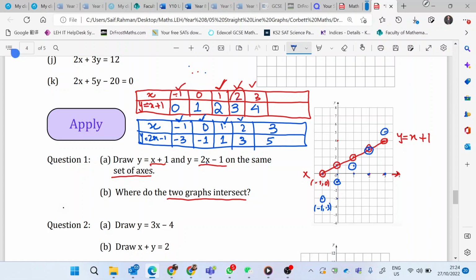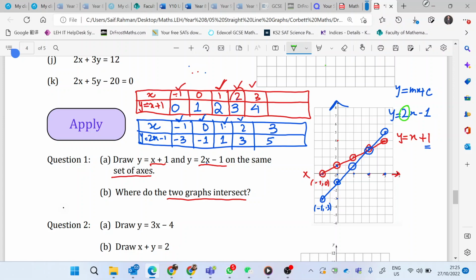Now if I cross match these lines, the second one is y is equal to 2x minus 1. So this line, y is equal to mx plus c, c is minus 1. That means this line is crossing the y-axis at minus 1. And this line has c as plus 1, so that indicates this line is crossing the y-axis at plus 1.